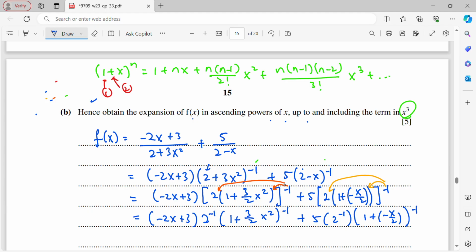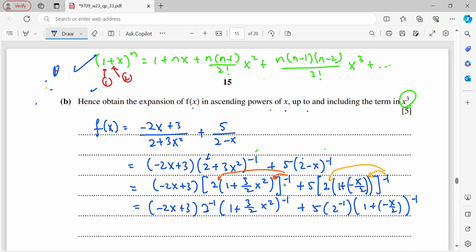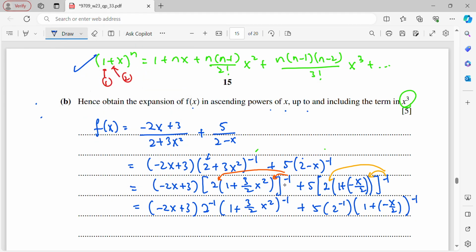Now we already found this form. We already expressed it in this general form, so you can just apply the formula. Now this 2 to the power negative 1 is half, so I will bring it to the front. It will be half of negative 2x plus 3. Then for this power of negative 1 term, I will apply this formula.